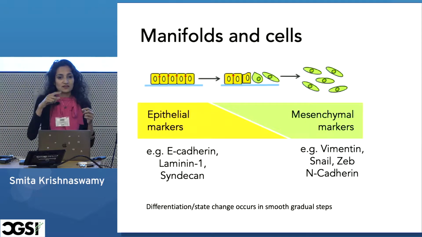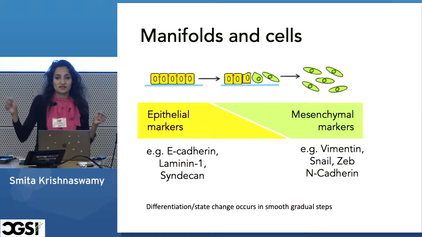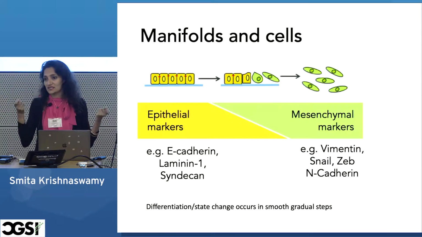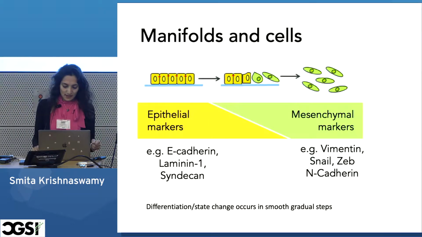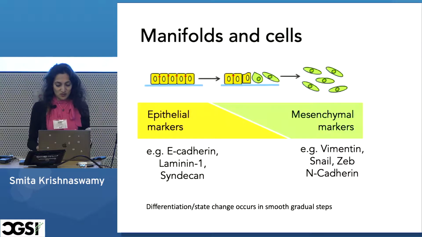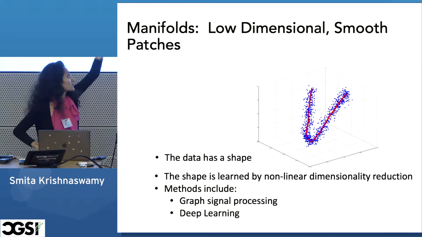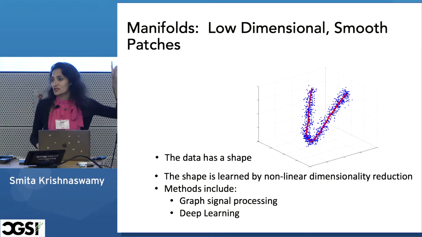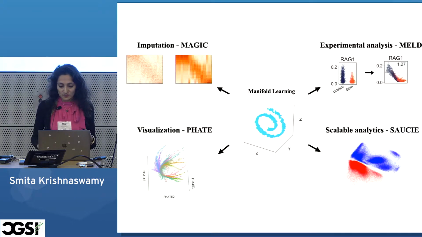The transitions between the cells are in small steps. They're not drastic. And you can actually find cells everywhere in between, even though sometimes in the past biologists haven't studied everywhere in between. This kind of smoothness allows you to learn this shape. If you had big gaps in this data structure, you couldn't really learn the shape, but because it's fairly smooth, you can learn it.